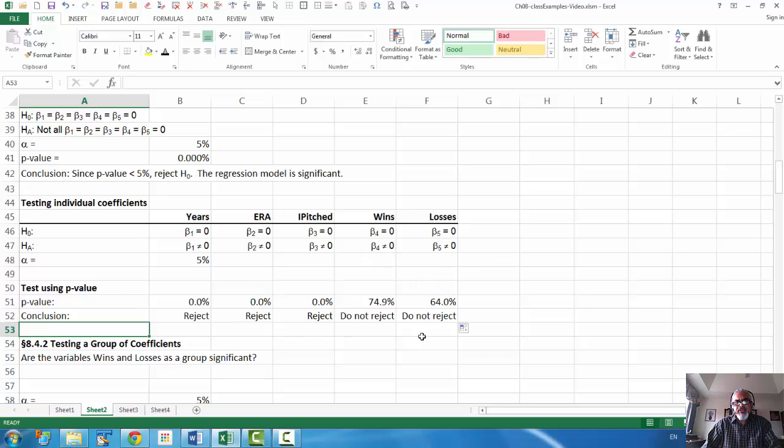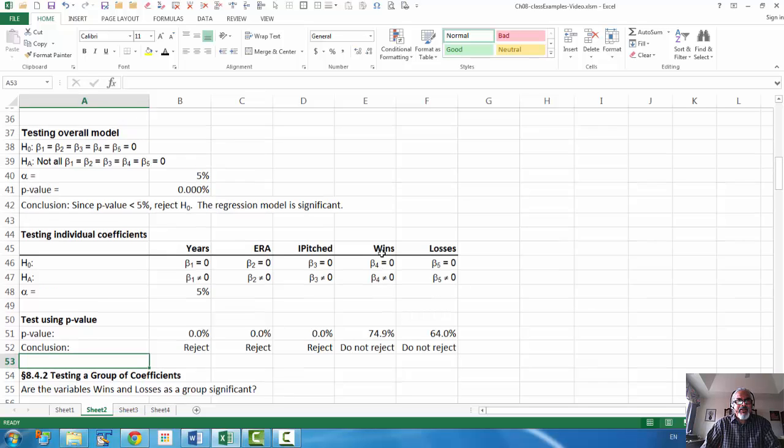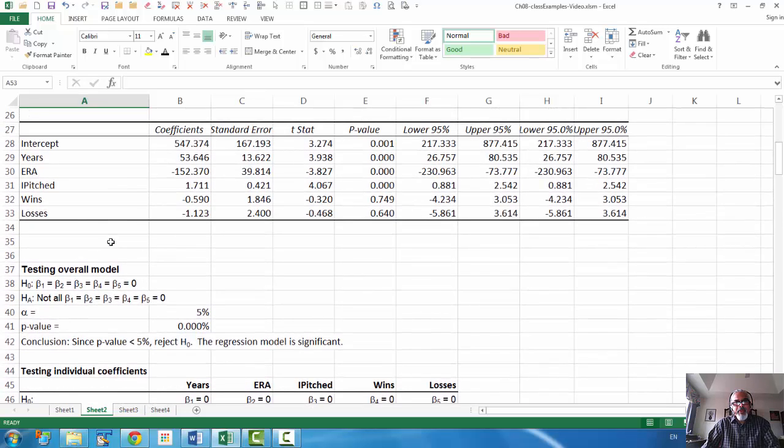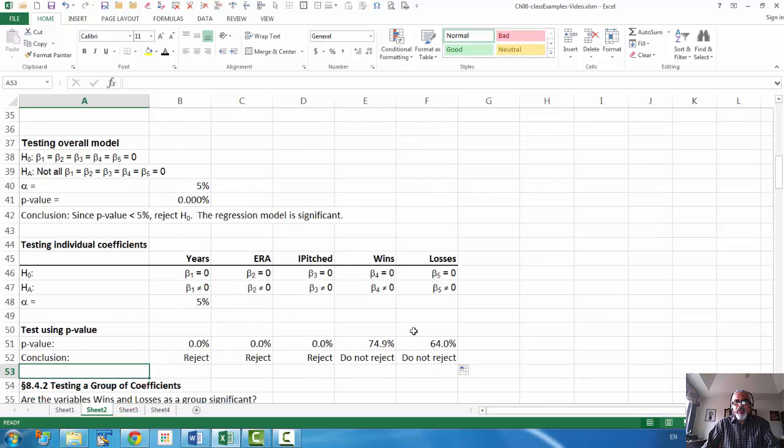Now that's kind of strange, because one would expect that when it comes to predicting salary, the number of wins and losses must be a significant factor. And how come this is not a significant variable? Well, one of the reasons for that is that these two variables are probably very highly correlated, because people who tend to have lots of wins have played the game for many seasons, and so they would have accumulated lots of losses also.